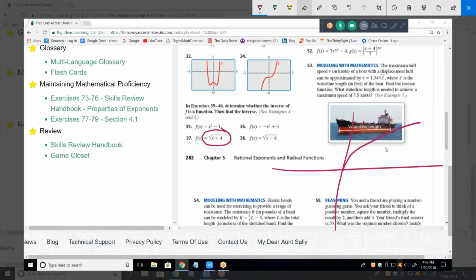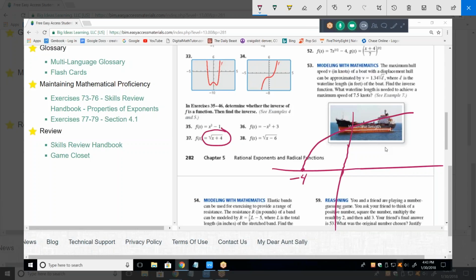Left by 4. Okay. So it's not that, it is this. Instead of going through the origin, it does that. Okay. So that's the graph of f of x.